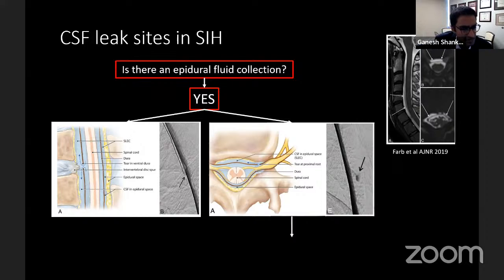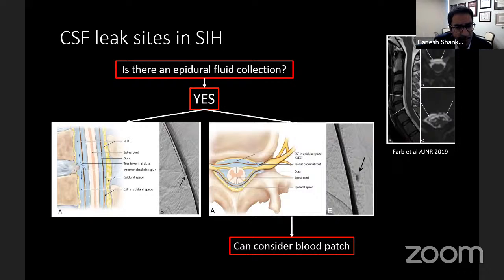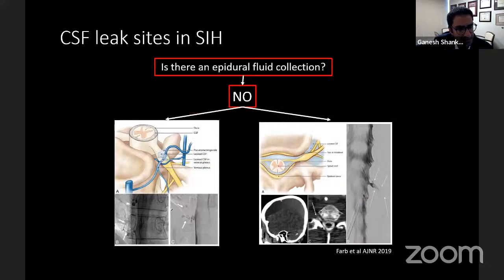And if the answer is yes, the CSF could be leaking either through a dorsal end plate osteophyte, which would be a type 1 leak, or through a meningeal diverticulum that has ruptured along the axilla of the nerve, and then the CSF can find a path of egress into the epidural space through that, and that's a type 2 leak. Now, in type 2 leaks, it is definitely worth considering an epidural blood patch, and I'll show the data on that.